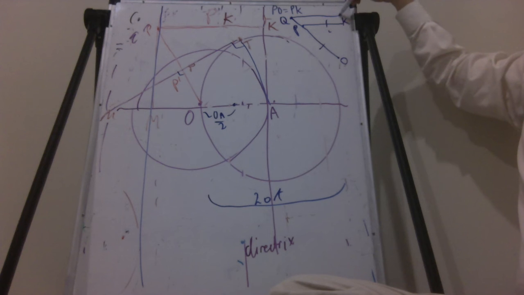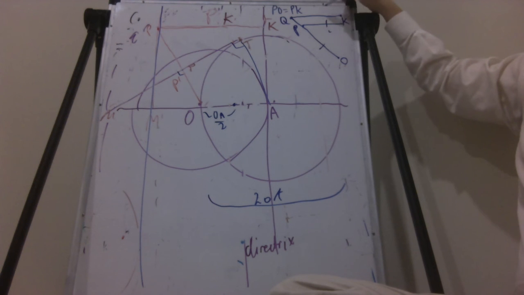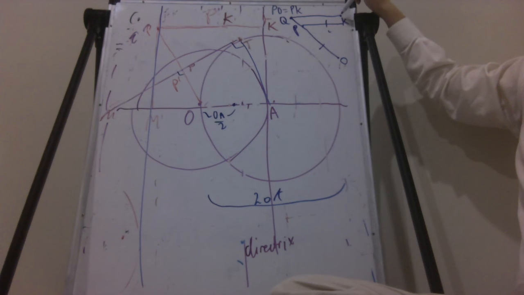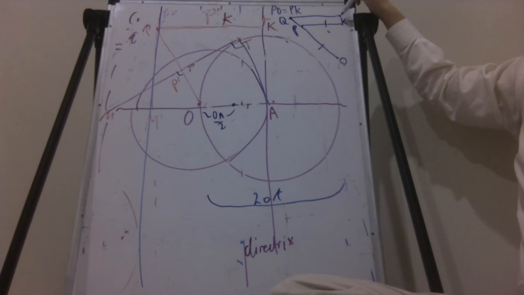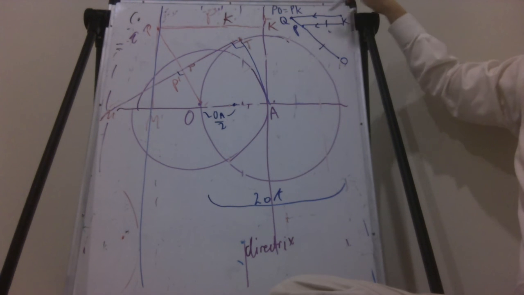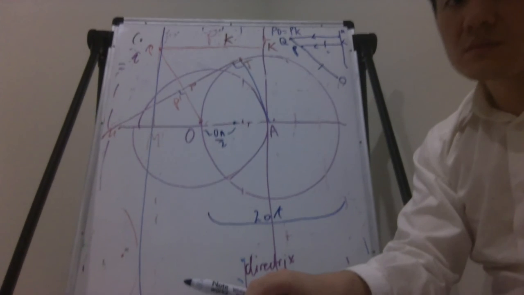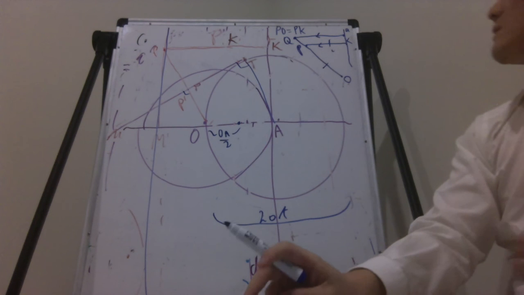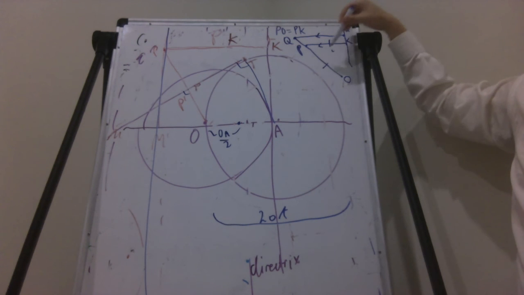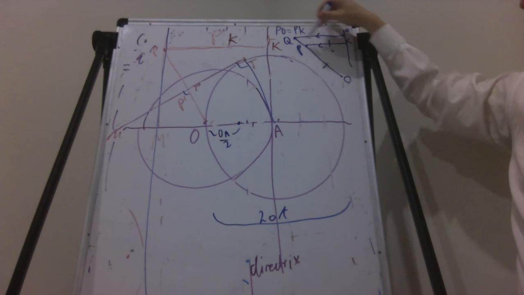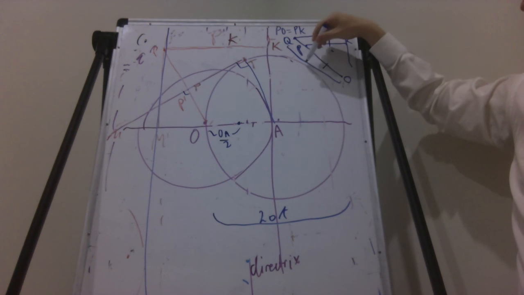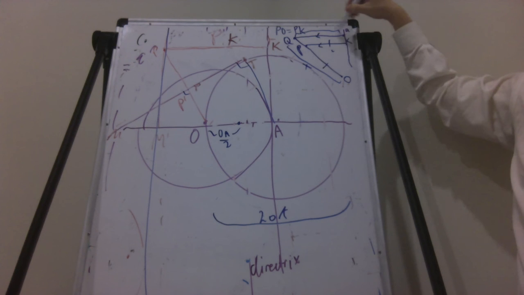Then you have this weird situation where, with these two parallel lines, and this is the directrix, you're saying this is equal, and then when you extend it further, this whole thing is equal to this whole thing here.